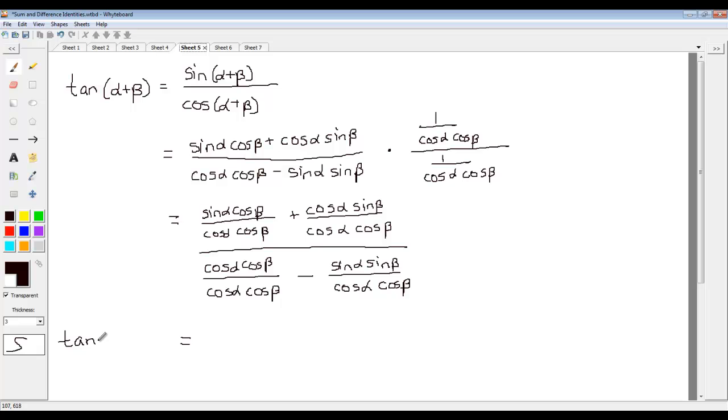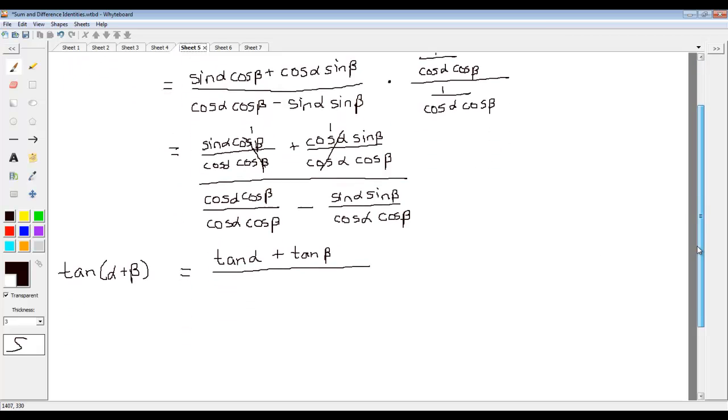Tangent of alpha plus beta is going to equal, well, in this one, cosine beta over cosine beta is 1. Sine alpha over cosine alpha is tangent alpha. Plus cosine alpha over cosine alpha is 1. Sine beta over cosine beta is tan beta. On the bottom, these reduce to 1.